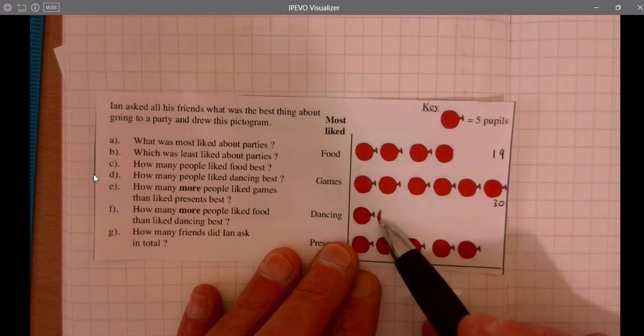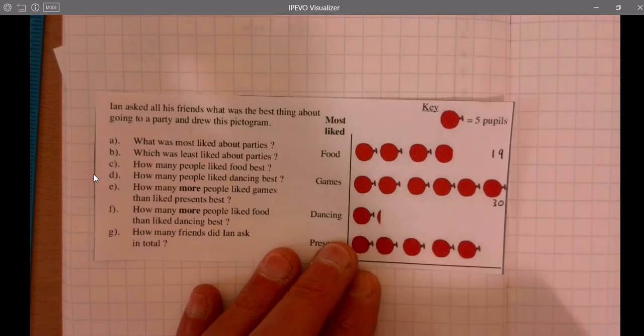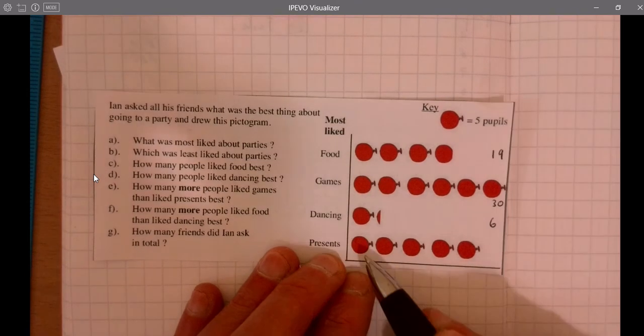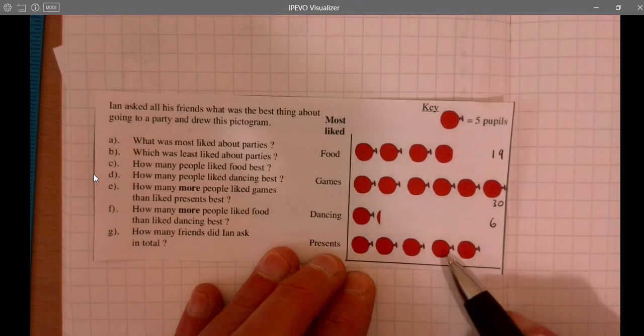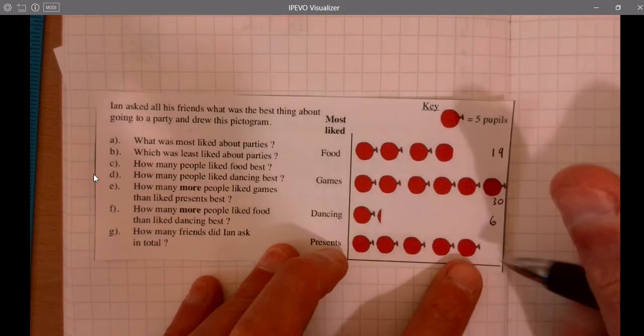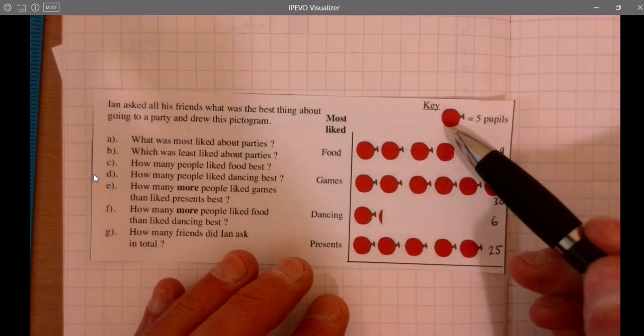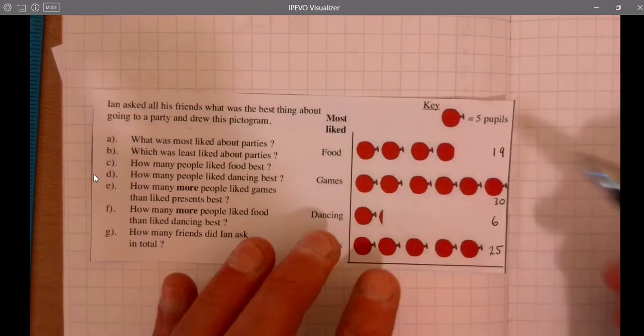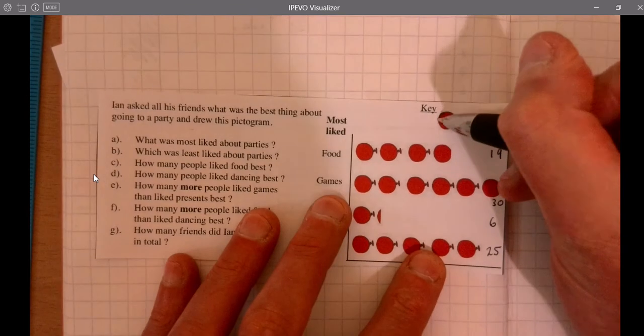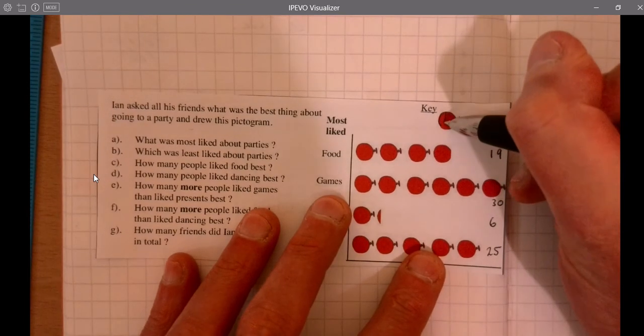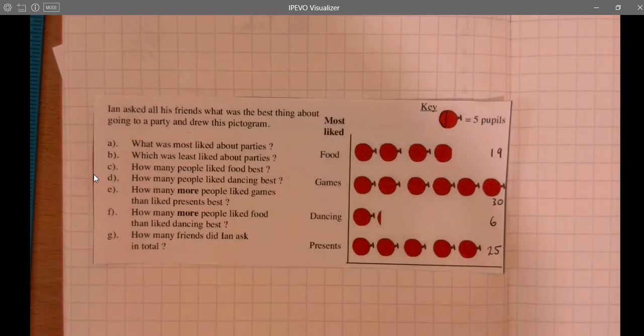I'm going to go, that's 1. So 5, 6. So let's call that 6. 5, 10, 15, 20, 25. Think about how much you would have drawn of the balloon if you would have wanted 2 pupils. You would have probably drawn about that much, wouldn't you? You've drawn a little bit below half.